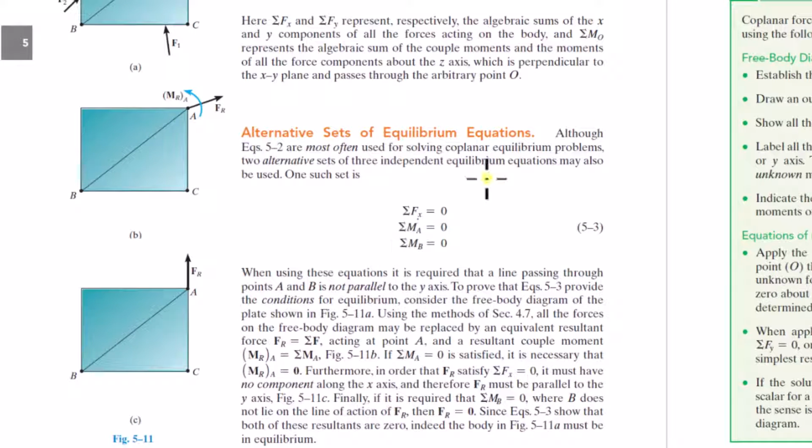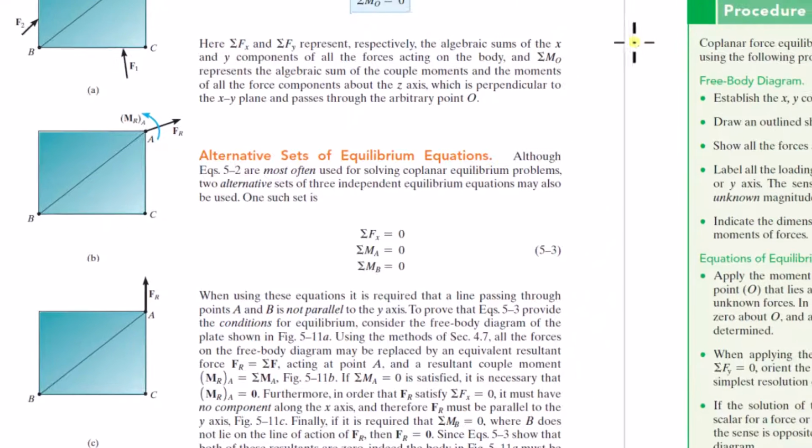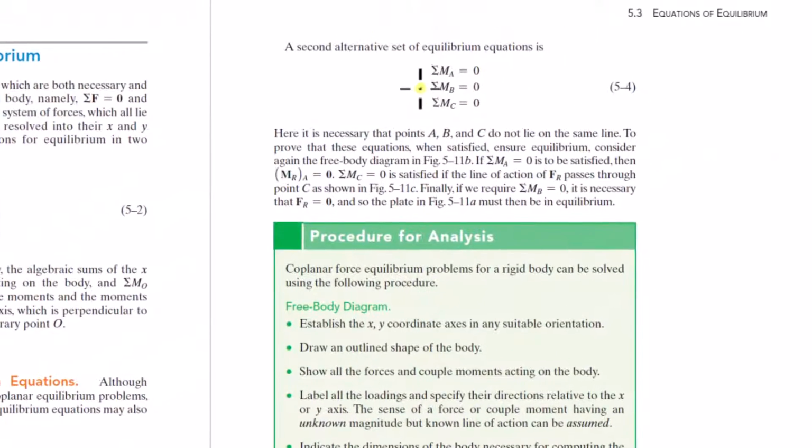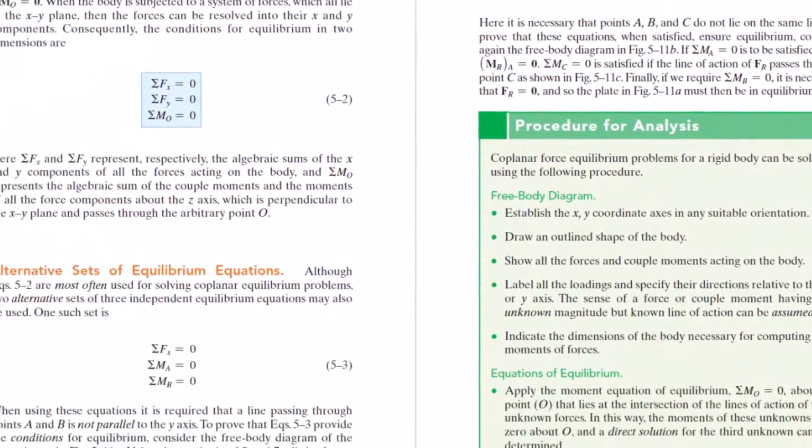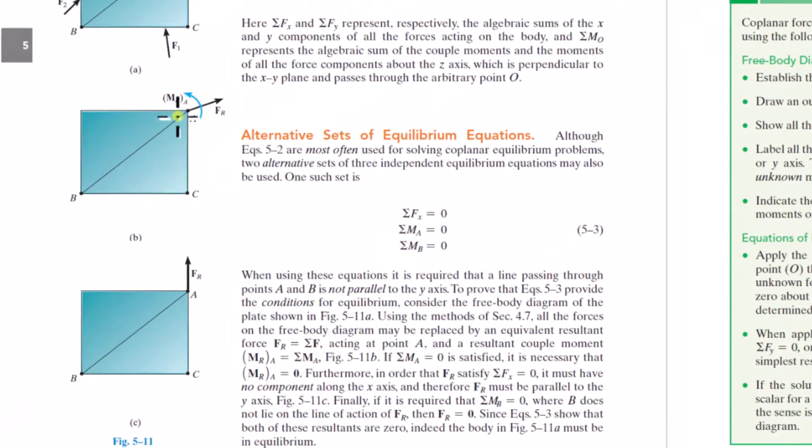We're setting all of this up in complete generality. We can't make any statement about the direction of this resultant force. We did here because of one of the equations of equilibrium. The x component of the resultant force is equal to 0, so we knew that the resultant force had to be in the y direction. For this case, with the sum of the moments about three separate points, we can make no statement about the direction of the resultant force.